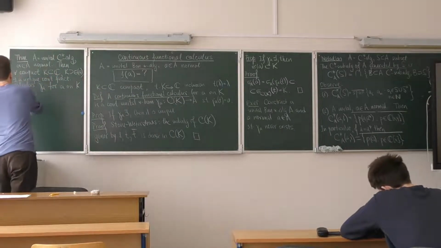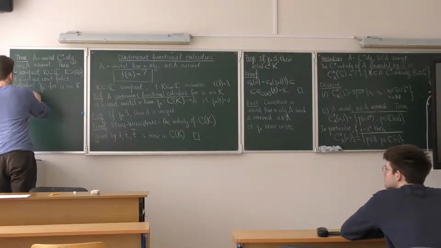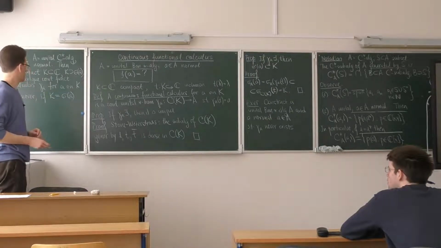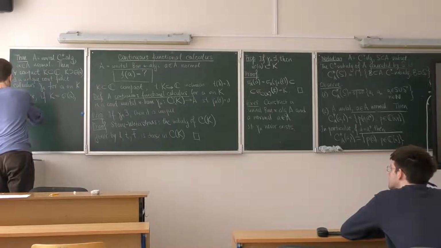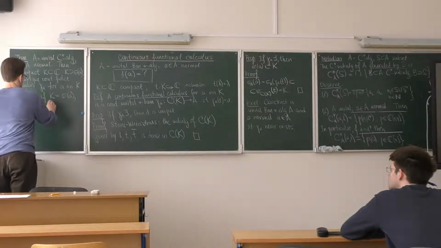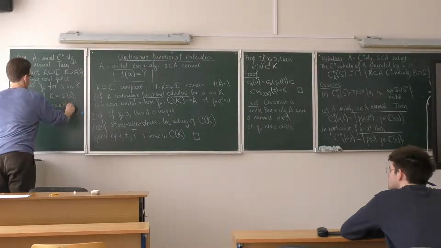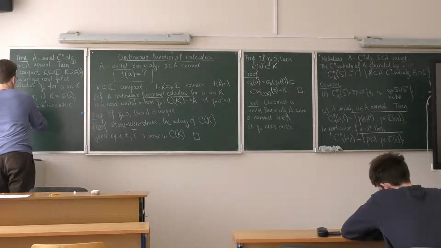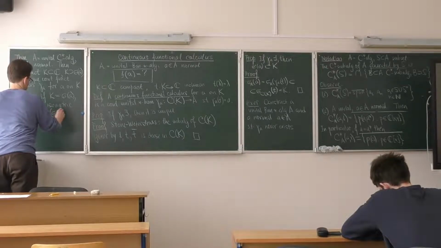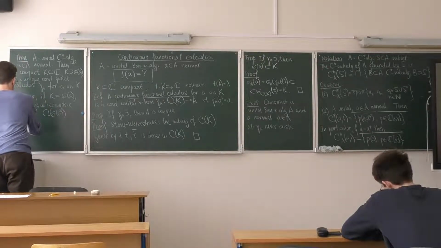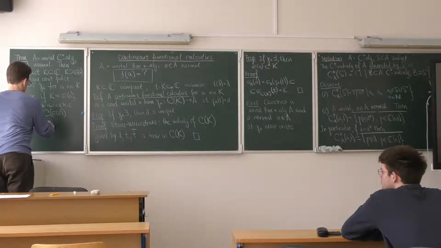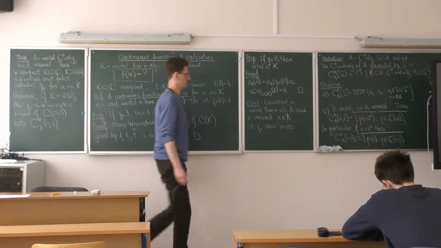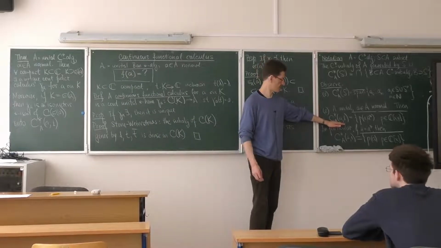And moreover, if K is exactly the spectrum of a, then gamma is an isometric star isomorphism of the algebra of continuous functions on the spectrum onto the C-star subalgebra of A generated by a and the identity. That is, onto this C-star subalgebra of A.